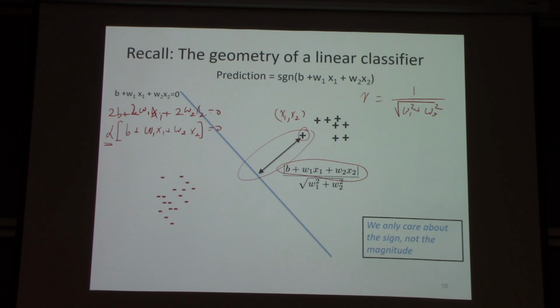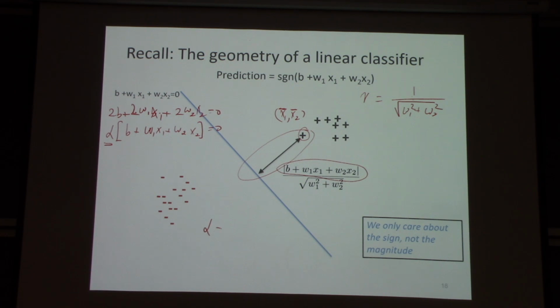If I knew that particular point, let's give it a name. Let's call this x1 star and x2 star. So let's say that this point is fixed. Let's say you knew that point. Can you find an alpha? Exactly, 1 divided by the norm of w.